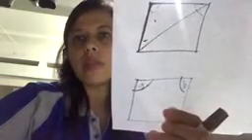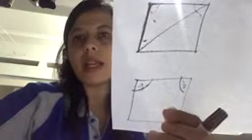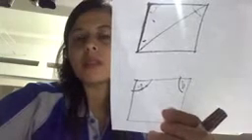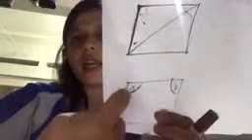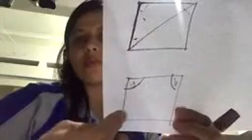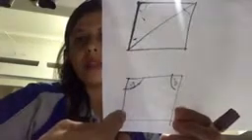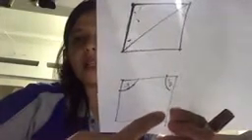It will be the same as 180. Understood? A plus B is 180 also, because also this one, for example, this is C. C plus D is also 180 degree. Okay, do you have any problem with that?